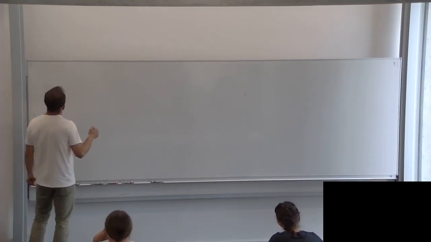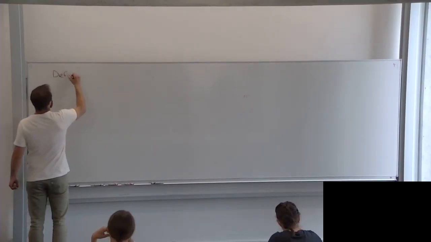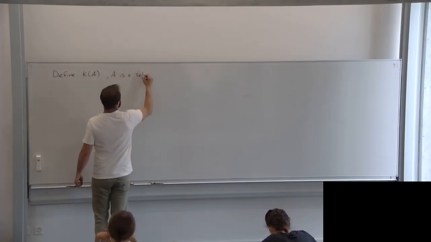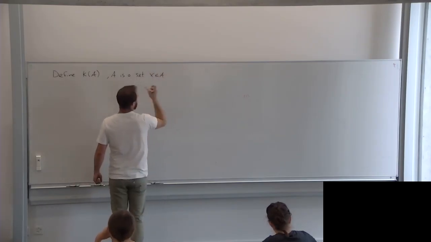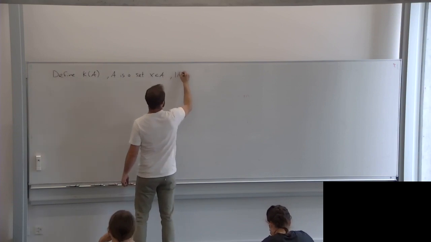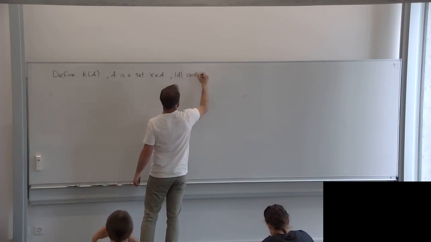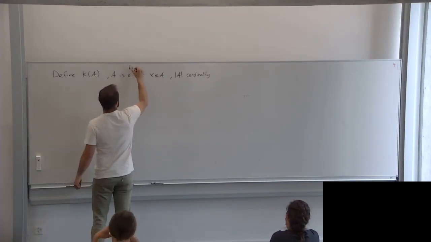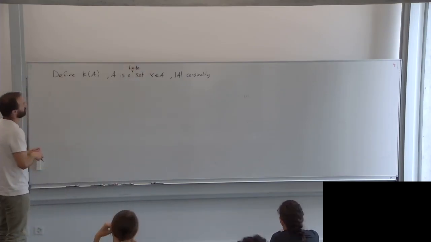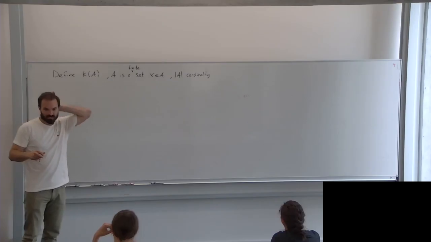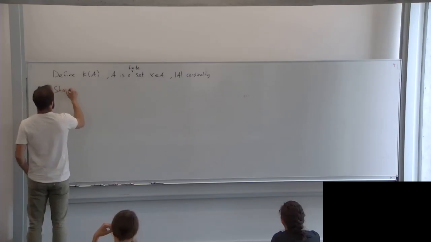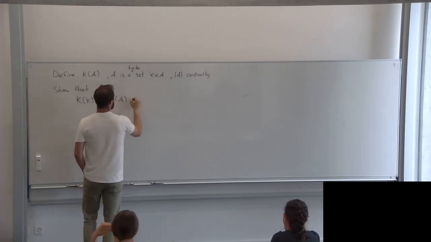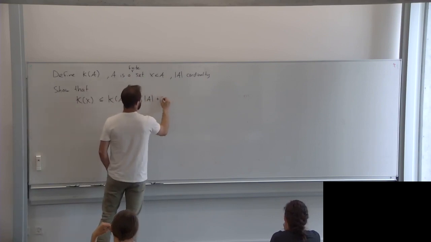From what I remember, and please correct me, it's basically define K of A, where A is a finite set and X is an element of A. Then show that K of X is smaller or equal to K of A plus log cardinality of A plus O of 1.